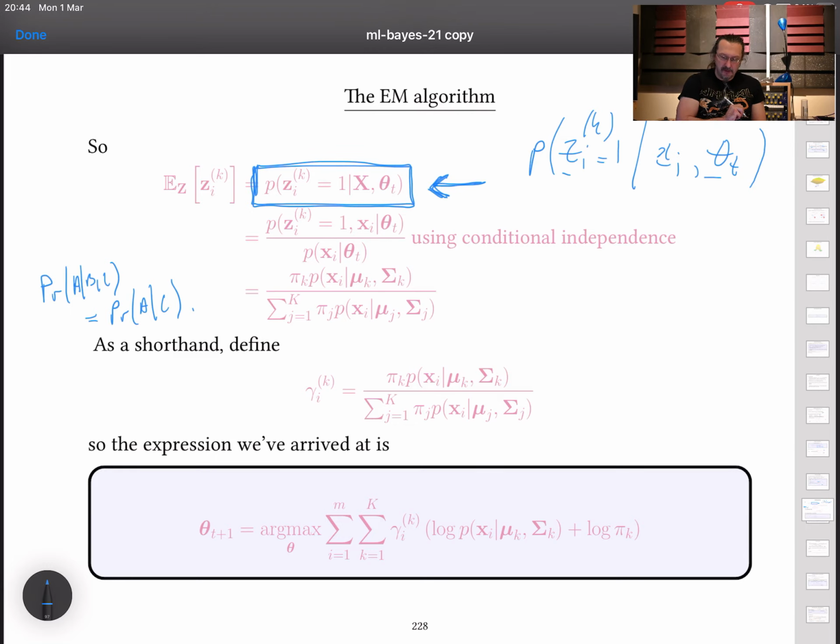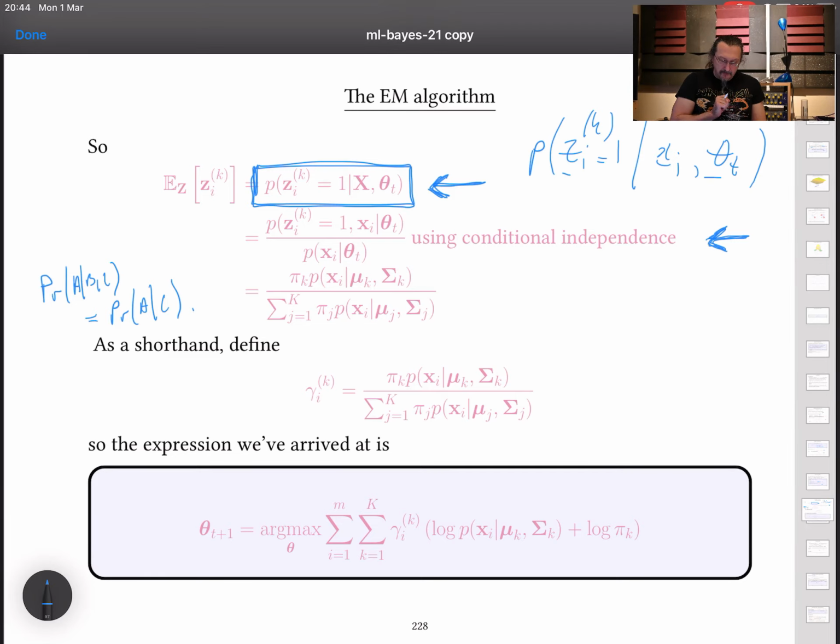Now, if I then turn that back into a joint probability, I get the second line, because the probability of A given B is the probability of A and B over the probability of B.